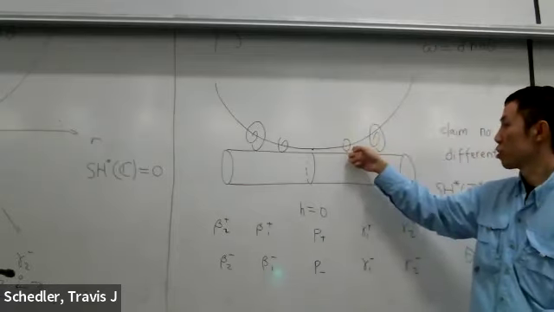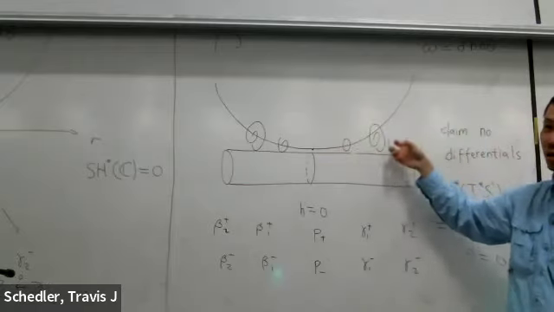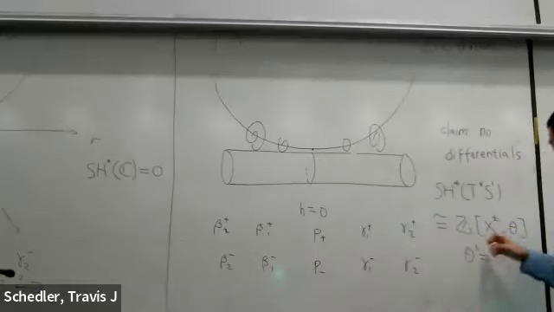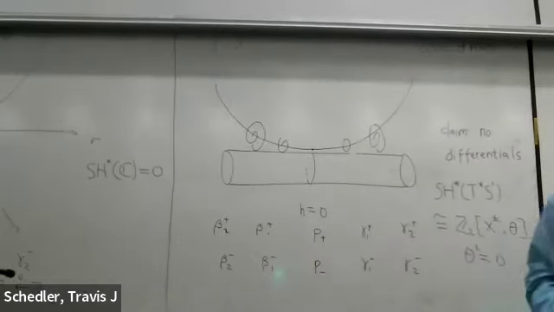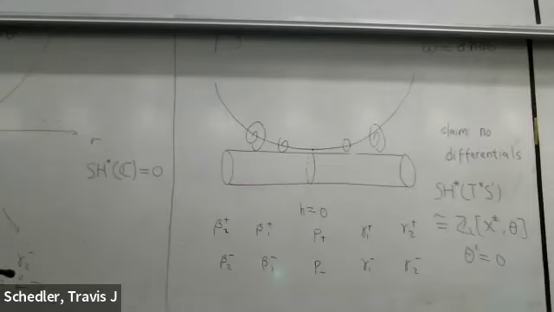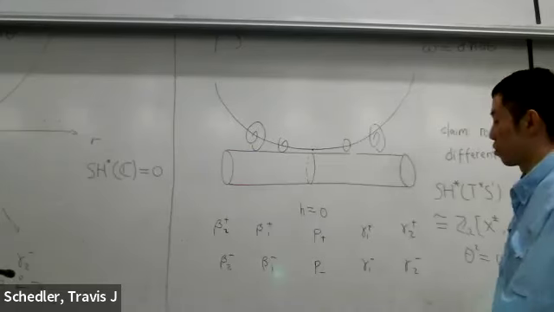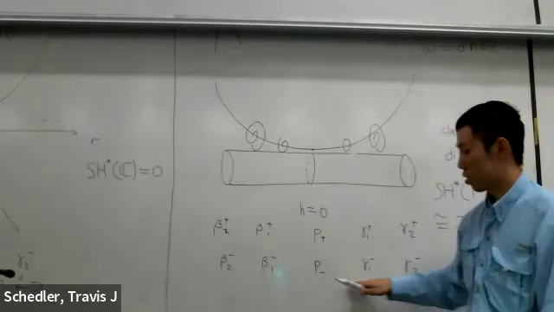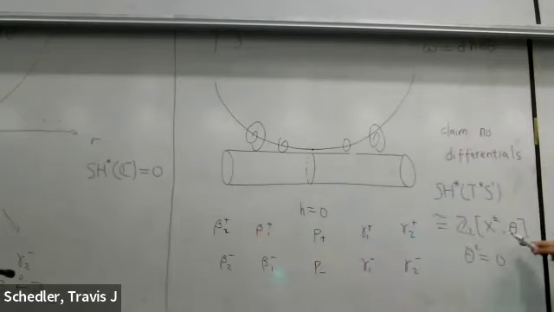The generator wrapping around once is X, and you have X squared, X cubed, and so on. And those things coming from perturbation are X times theta, and theta squared equals 0. So there is no higher degree cohomology. For example, I wrote the first line is O in degree 0, the second line O in degree 1, and the relation is of this form. So that's the T star S1 case.